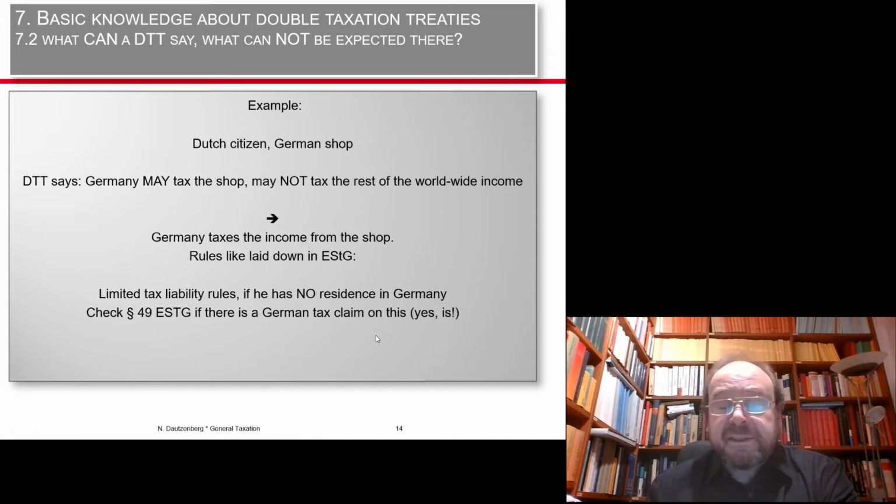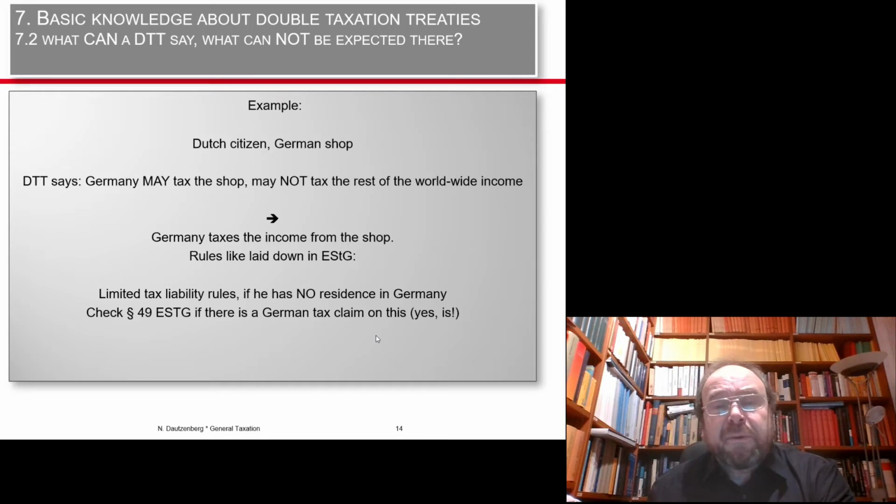Here again, such an example. Imagine you have somebody living in the Netherlands, a Dutch citizen, who has a shop in Germany. The double taxation treaty says Germany may tax the shop, but may not tax the rest of the worldwide income. Now, Germany only gets the result that you can tax the income from the shop, and how and if we really want to tax that has to be determined in the German law.